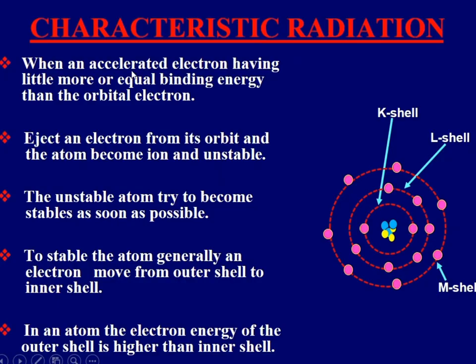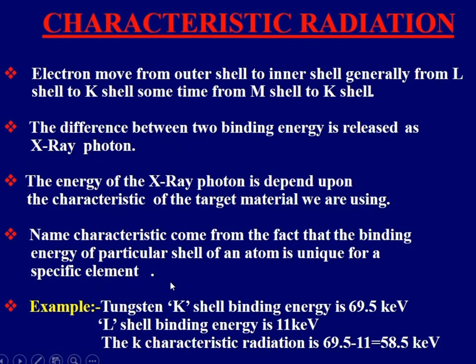Now when an accelerated electron has a little more than or equal to the binding energy of the orbital electron, it ejects an electron from its orbit, and the atom becomes an ion and unstable. The unstable atom tries to become stable as soon as possible. So to stabilize the atom, generally an electron from the outer shell moves to the inner shell, there is a transition from a higher shell to a lower shell, and a photon is released.